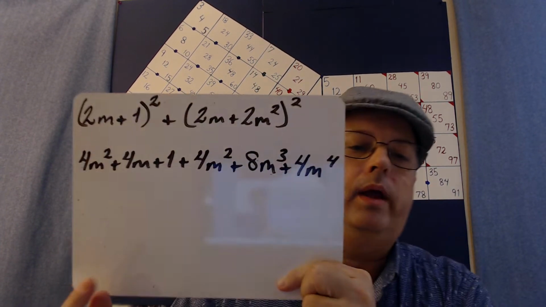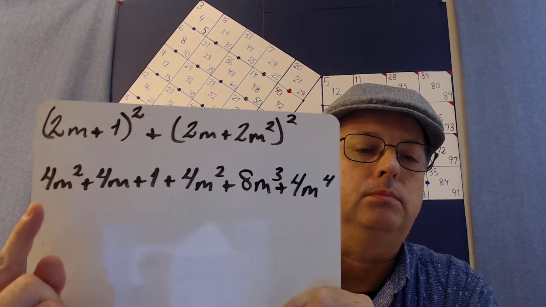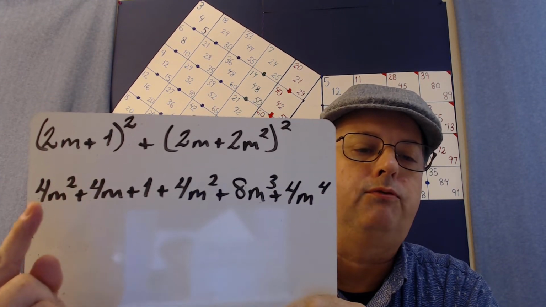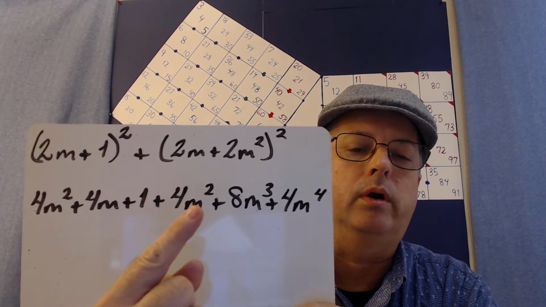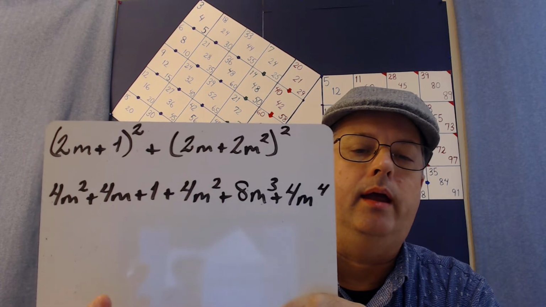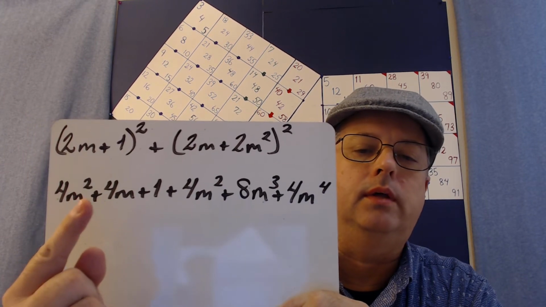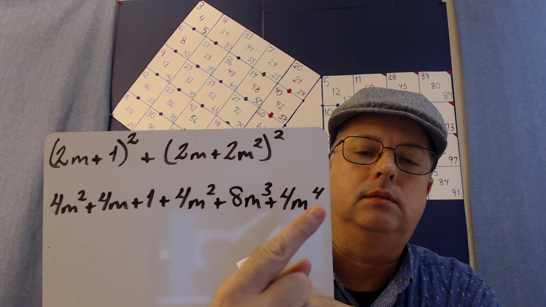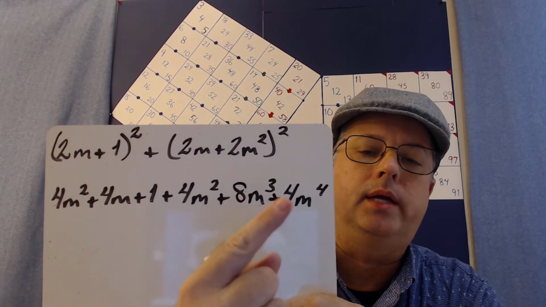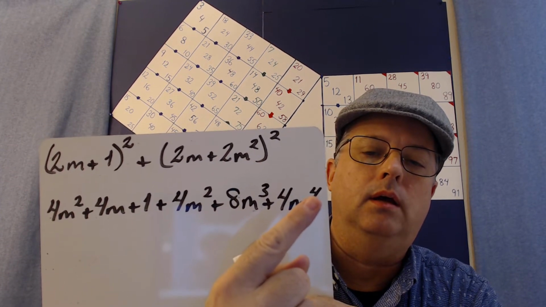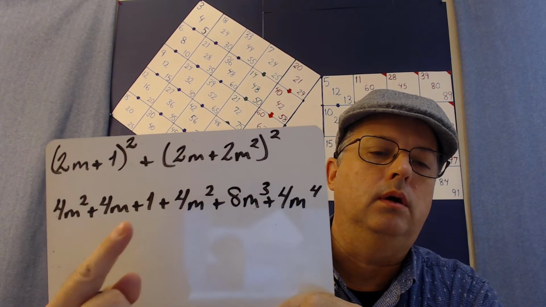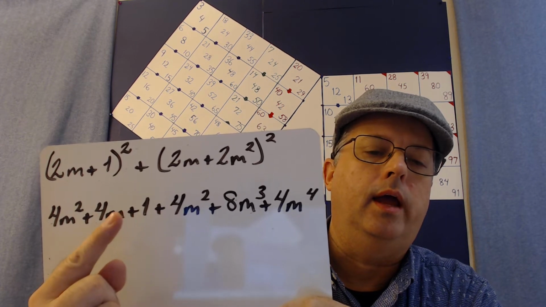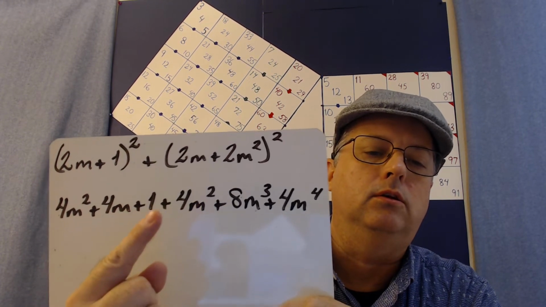And so now we have some like terms. This 4m squared, that's in terms of m squared, and here's another 4m squared. And then we also notice that we can put these terms in order from the highest exponent on down to the m here, and then just the constant 1. So let's rewrite that.